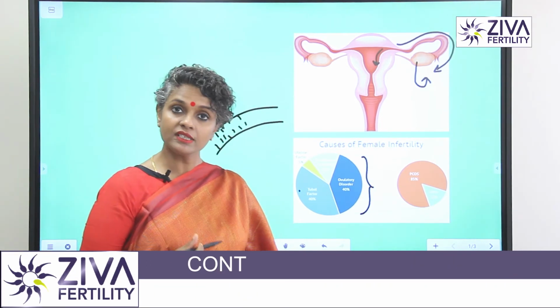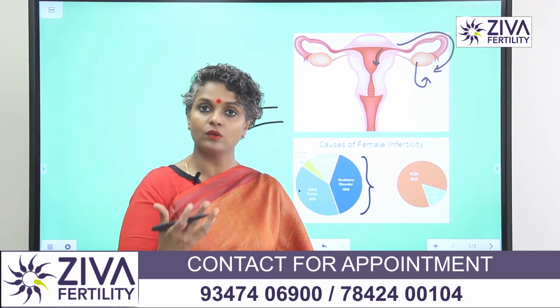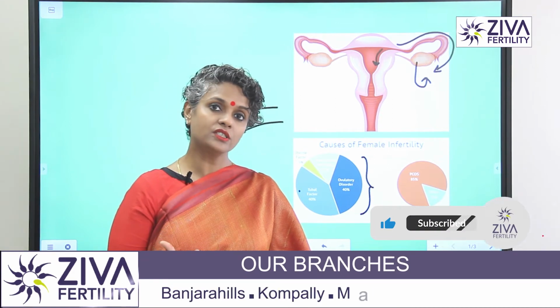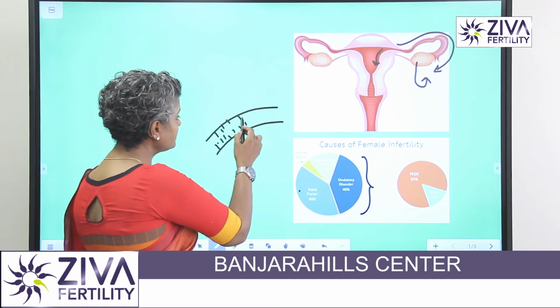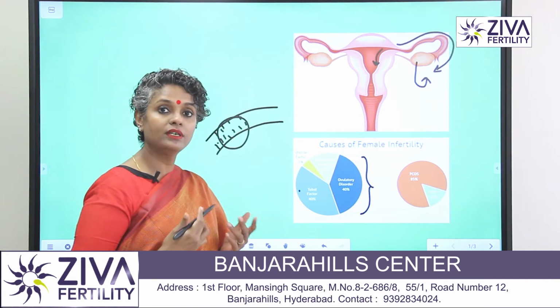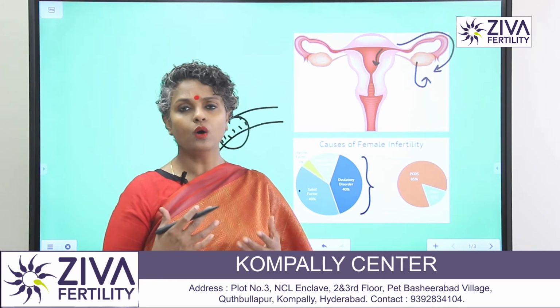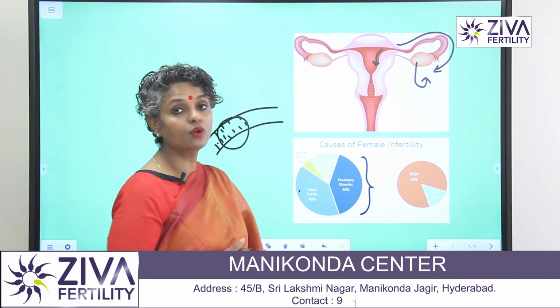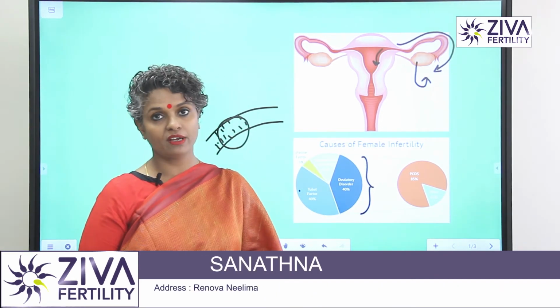If there was a previous surgery, whether for an ectopic pregnancy or for endometriosis, there are a lot of surgeries that are performed on the tube also. Due to that, if this lining was damaged, or if the patient had tuberculosis of the tubes, all these factors can affect the tubes also. So about 40% of female factors could be because of these tubal factors.